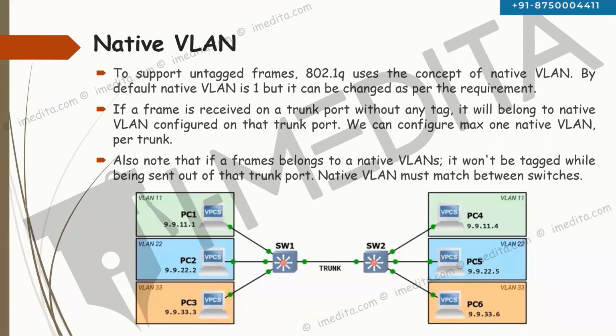But yes, we can still use it to forward our voice traffic if you want. But since we have the dedicated voice VLAN, we don't need to. So practically speaking, in today's network, we do not see much use of this native VLAN concept. It is more of a vulnerability than a feature in a modern day network.